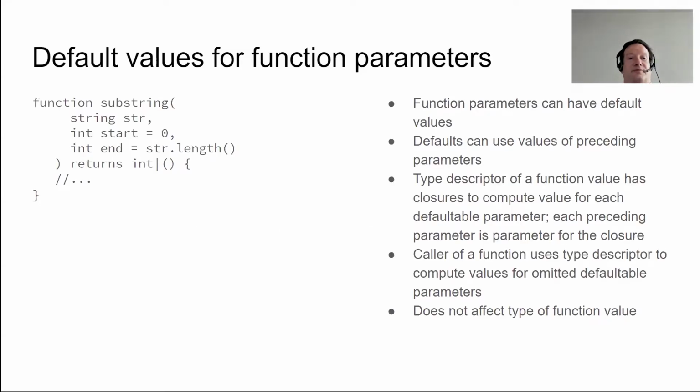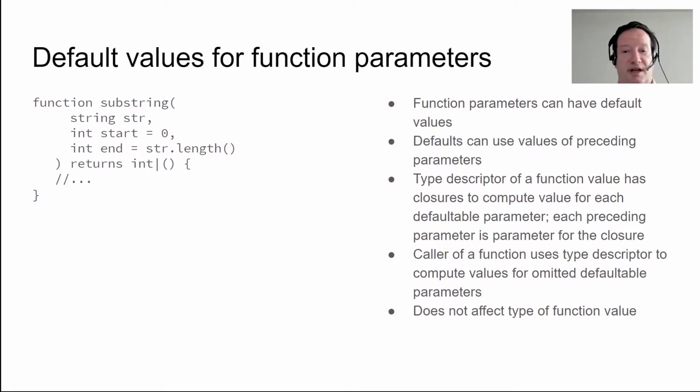Functions can have default values. You can do equals and then an expression, and that expression can use the values of preceding parameters. The way that works is that when you call a function, you always have a type descriptor for that function.